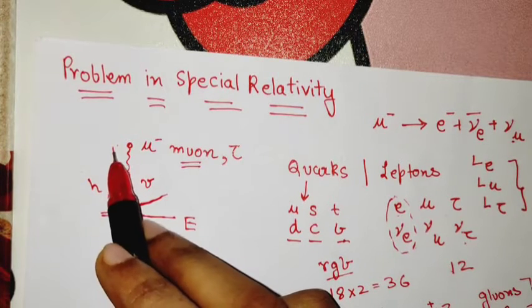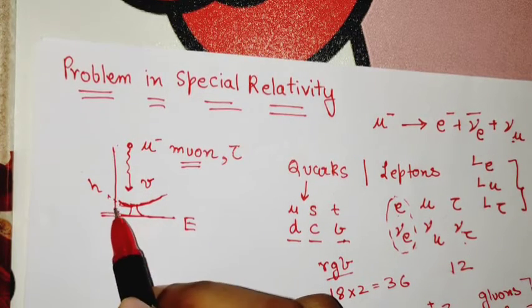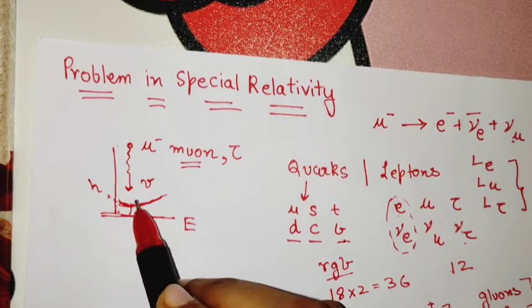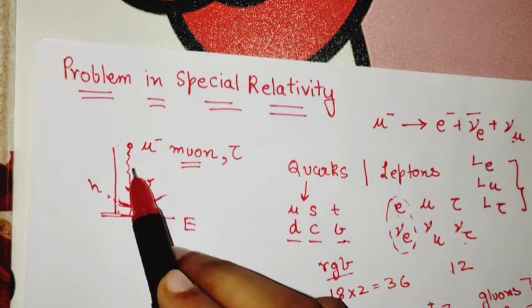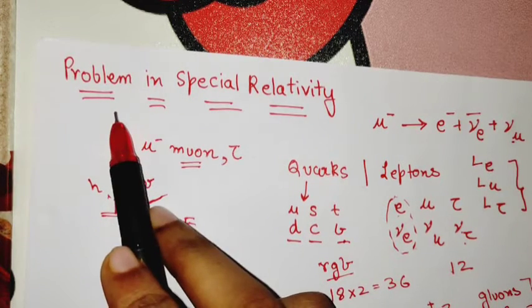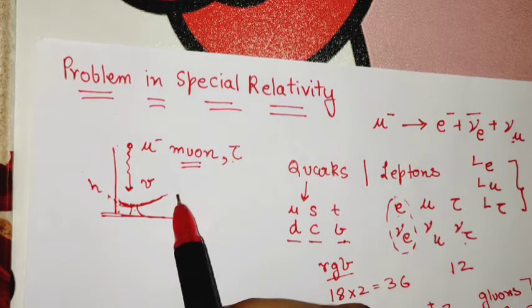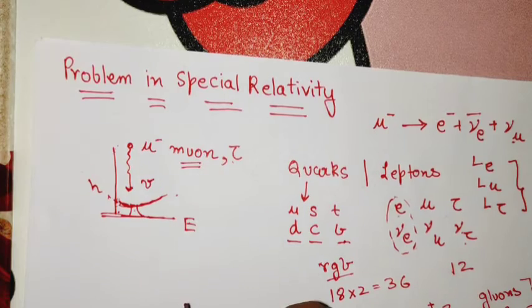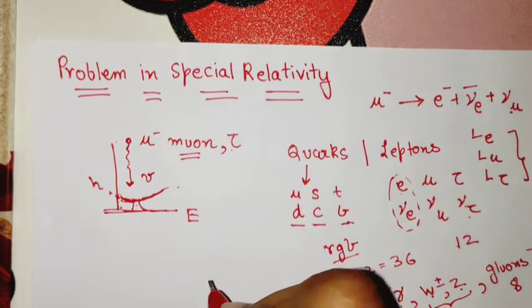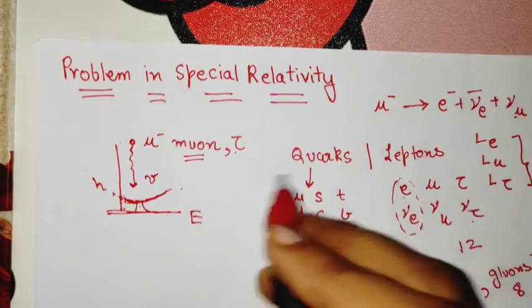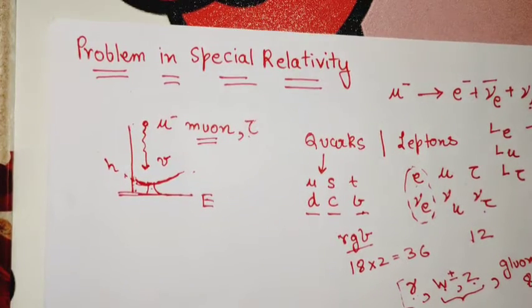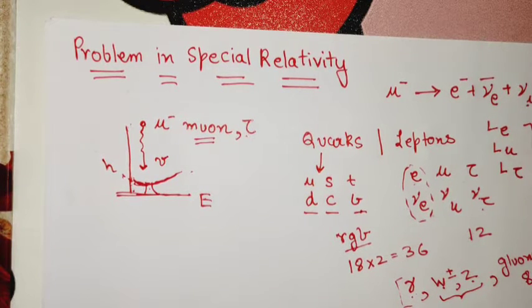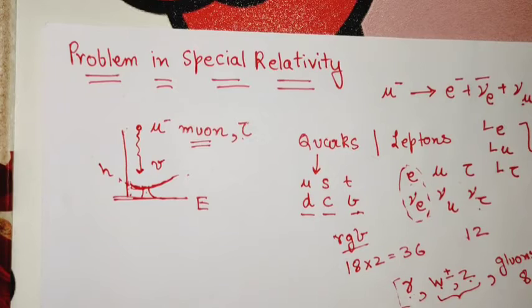So we have to find the maximum height at which we can detect the muons, because at a very large height the muon will decay before coming to the detector, but there will be a maximum height up to which we can detect the muons properly. That's the main setup, and muons will be traveling with a velocity comparable to the speed of light, and we cannot ignore special relativity in that case.